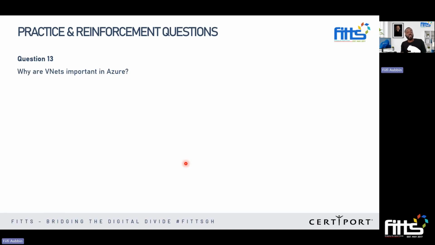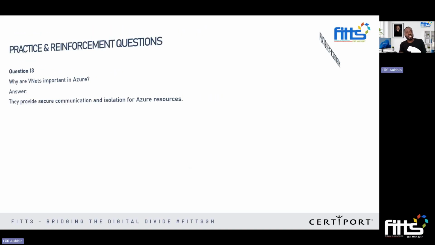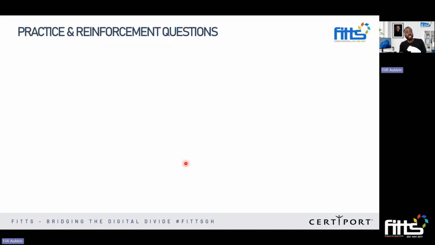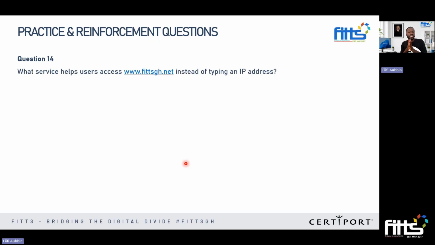Then we move on to the next question. Why are VNets important in Azure? They provide secure communication and isolation for Azure resources. Then question number 14, what service helps users type FITTSGH.net instead of typing an IP address?